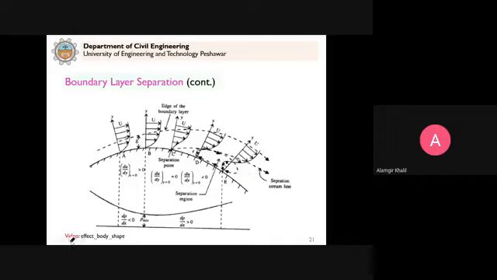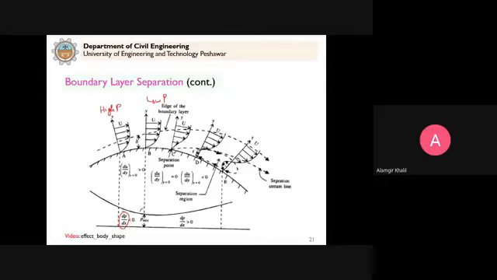what we see here is that when the fluid moves from A to B, the pressure gradient is negative. It means that we are moving from high pressure, what we have here is high pressure, to this point, where we have low pressure, which you can see even from this diagram.